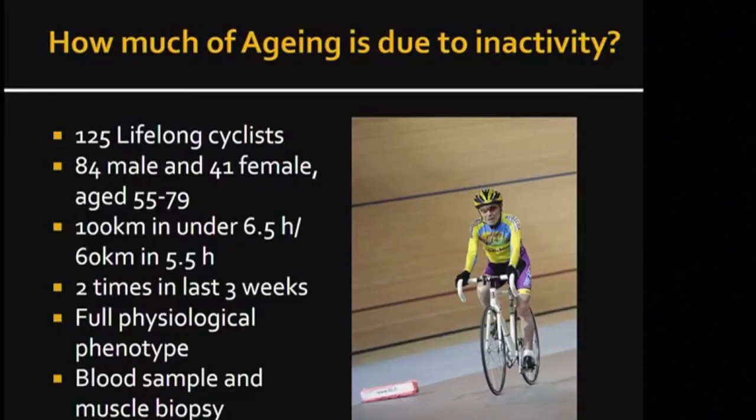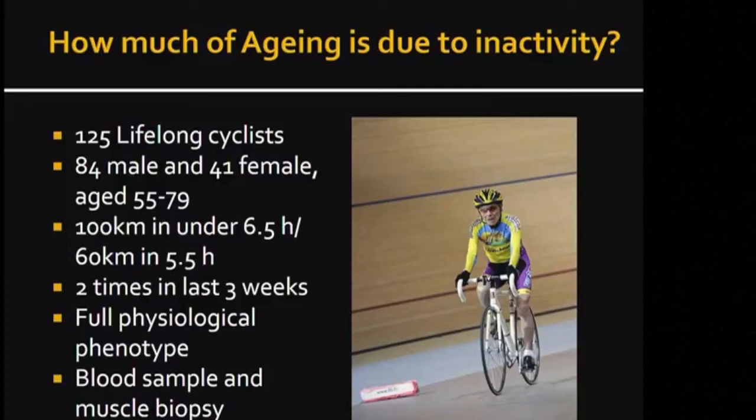And like most people who are keen on their exercise, they're actually quite nerdy, so they keep records of what they do. So we could actually verify that these guys had been as active as they claimed to be, because they all had cycling logs. And so we had 125 cyclists, 84 males and 41 females, and we picked them at 55 to 79 years old, so that the ladies had gone through the menopause, so we were going to look at aging.